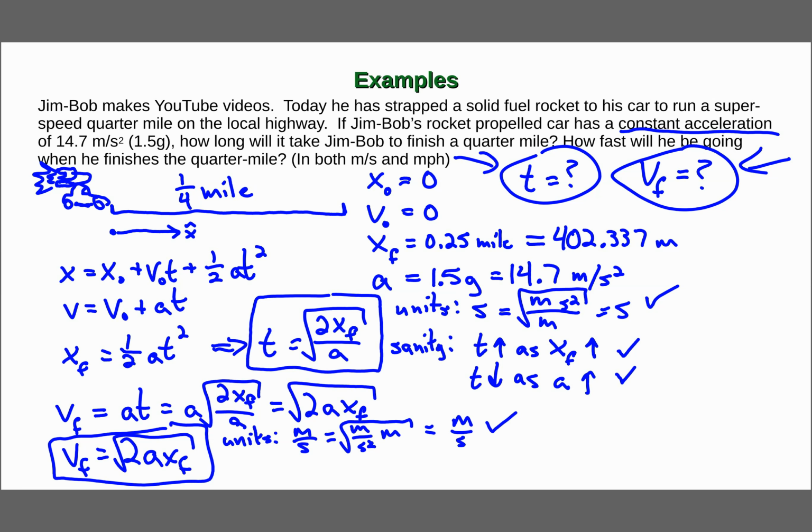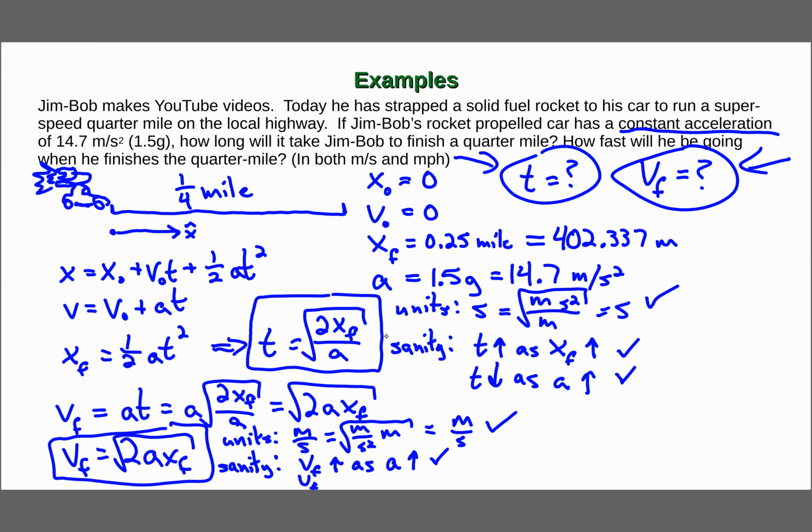So the units work. Sanity for our second answer. vf goes up as a goes up. So if he goes still a quarter mile, his velocity at the end will be faster if he has a bigger acceleration. That makes sense.